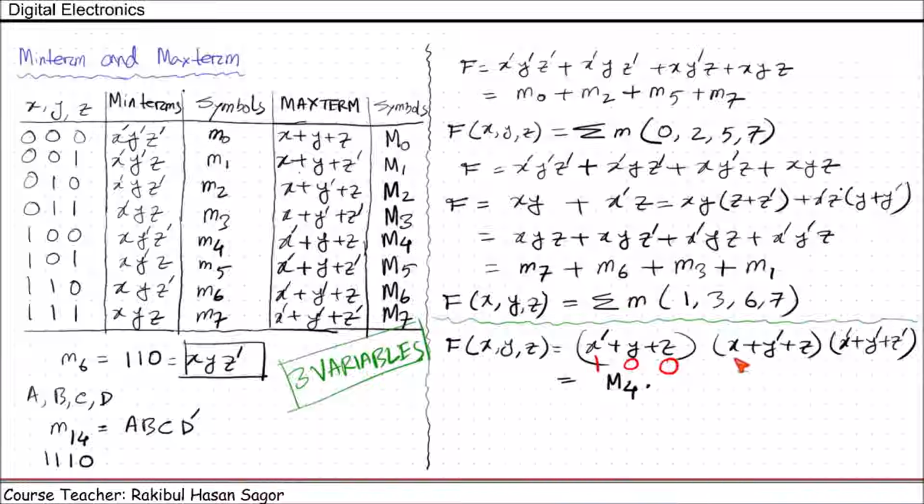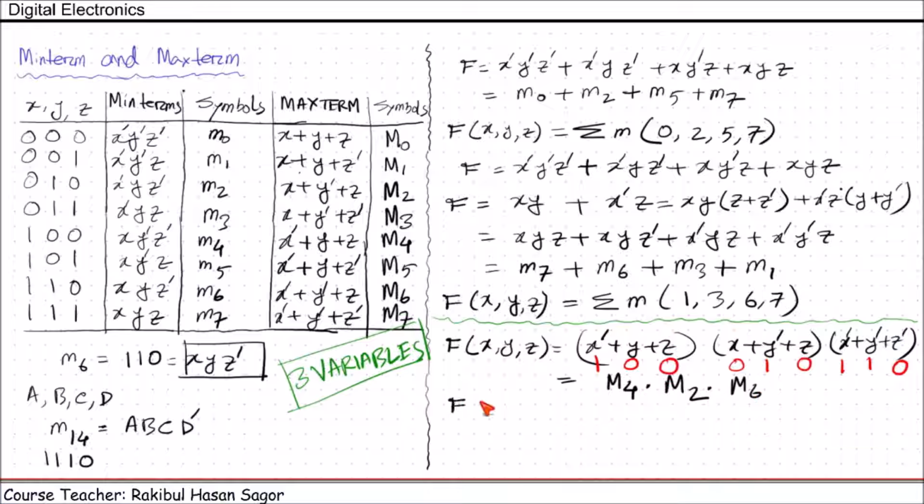Here we have 0, 1, 0. 0, 1, 0 has corresponding Maxterm notation, which is M2. Here we have 1, 1, 0. 1, 1, 0 has corresponding Maxterm notation, which is equal to M6. So this function can be represented in this fashion as well.